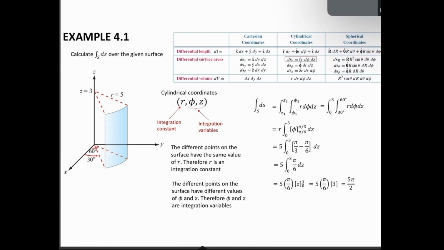Okay, the solution is here. Just follow the solution, take out r, and then integral dr, we got 5. ds equals the integral from 0 to 3, pi over 6 to pi over 3, of r dφ dz.